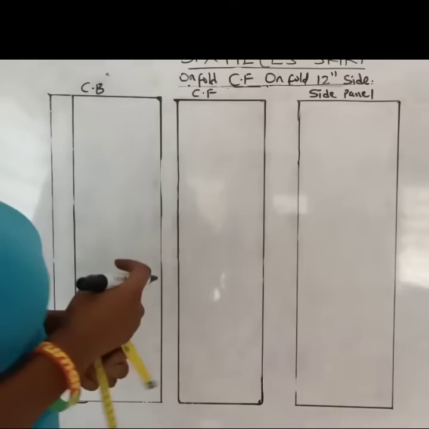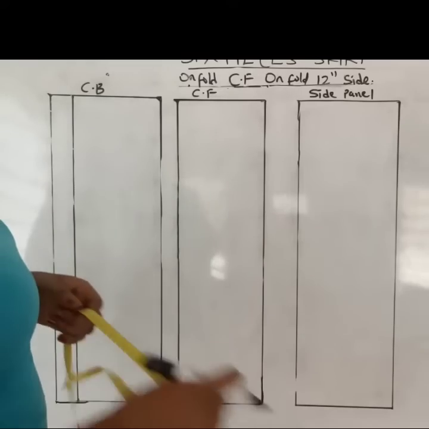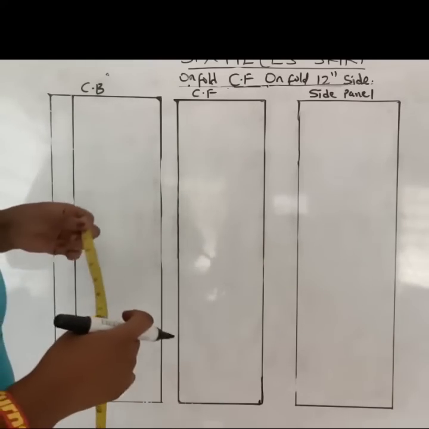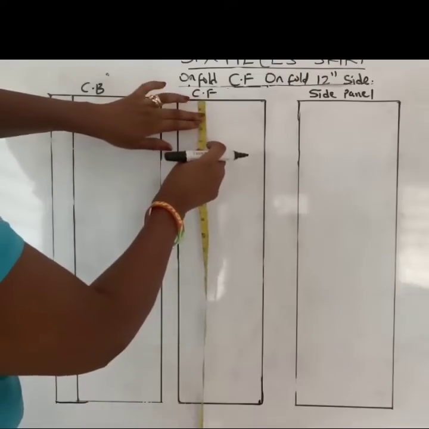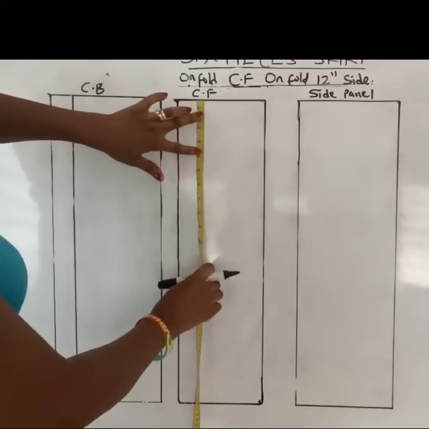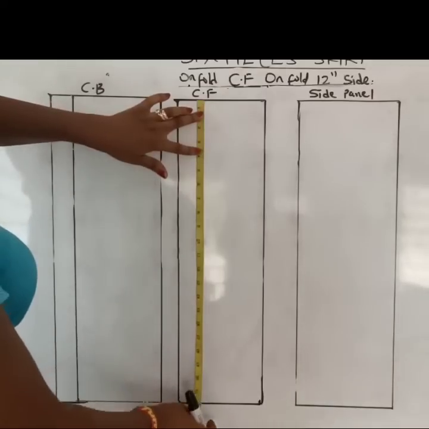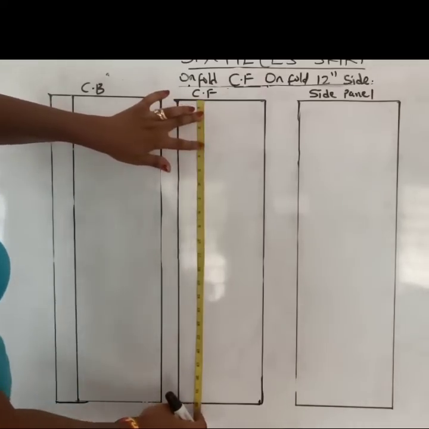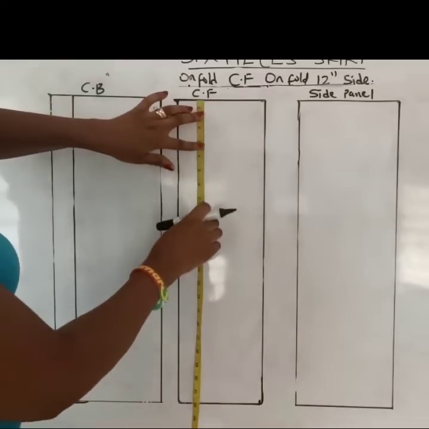So we'll be starting with the center front. First of all, let's mark out our vertical measurements: the waist to the hip, waist to knee, and then the full length of the skirt. Because our body is kind of small, we are going to be using half of our initial measurements.